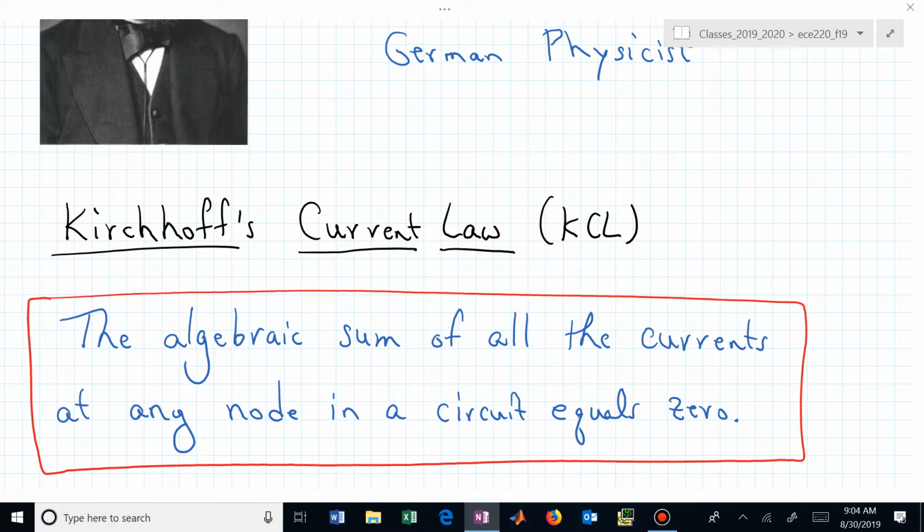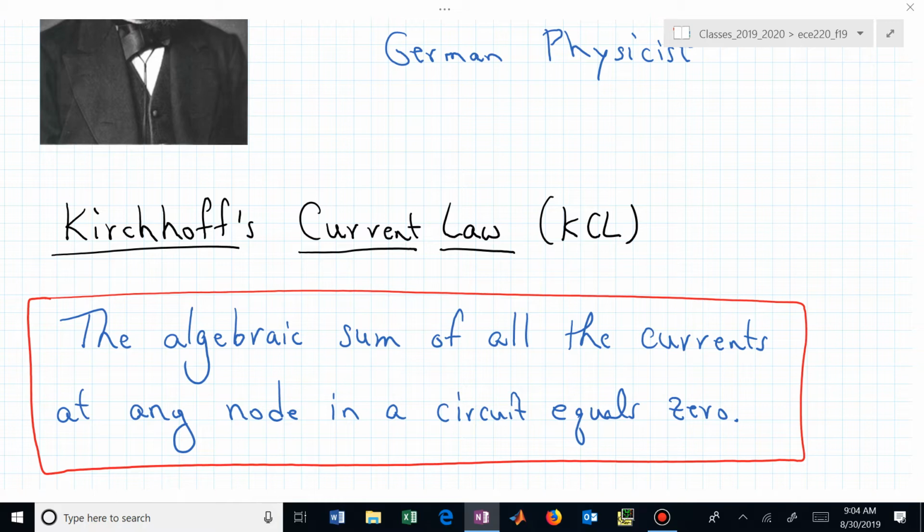And you might hear that stated several different ways, but they're equivalent ways of capturing that same idea. Here, the key is algebraic. We're distinguishing between the direction of the current at the node. That's what I mean by algebraic.